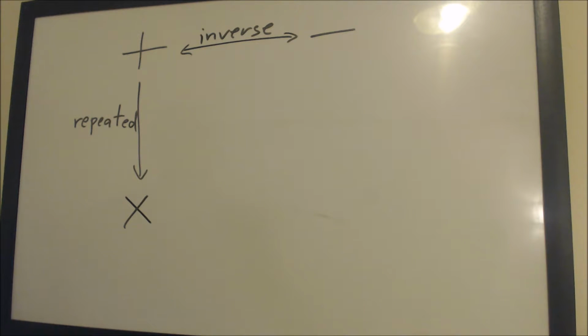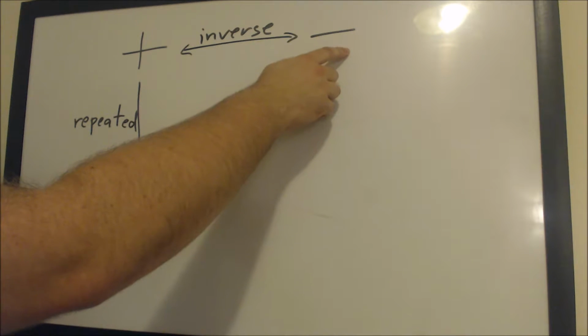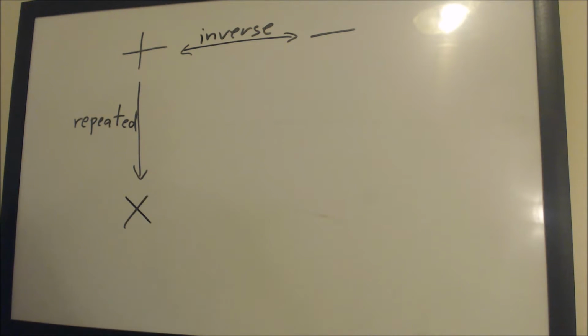So how does division fit into this diagram? Well, we know that division and multiplication are inverses, just like addition and subtraction are. So if we were to try to fill in this diagram, division would go down here.